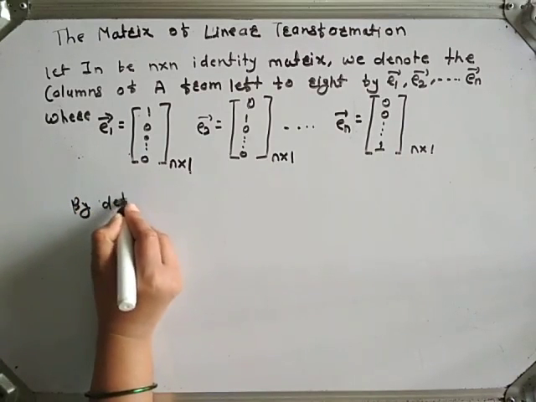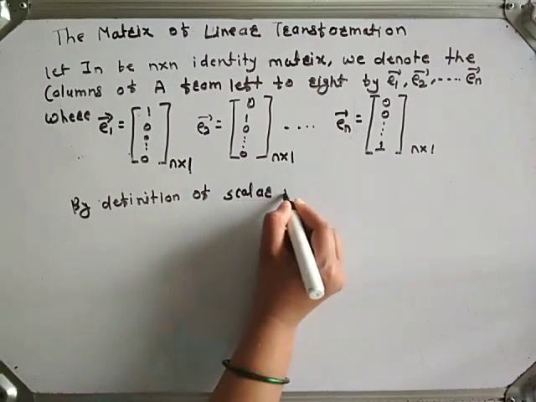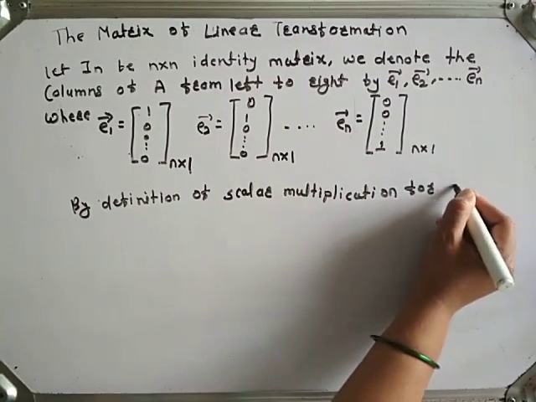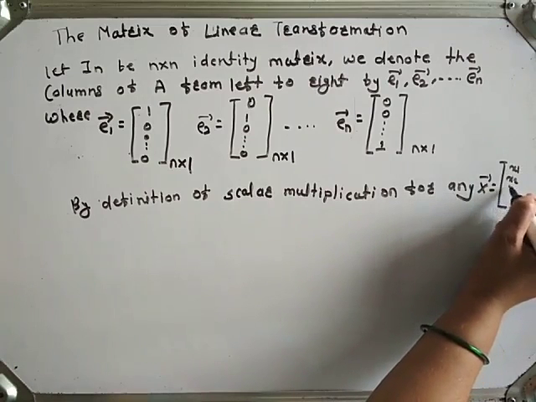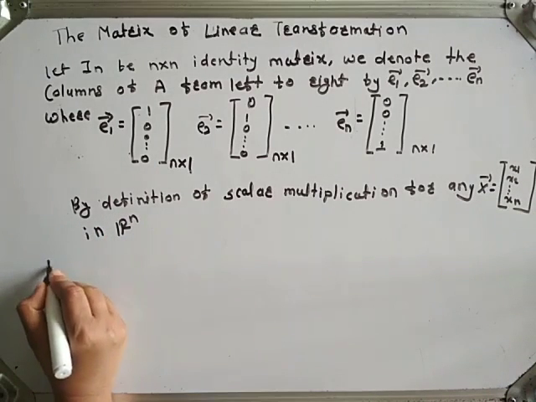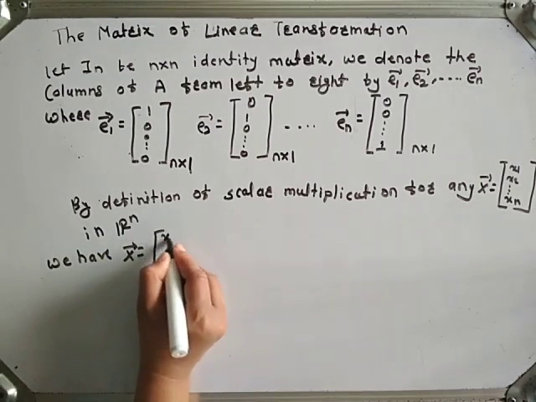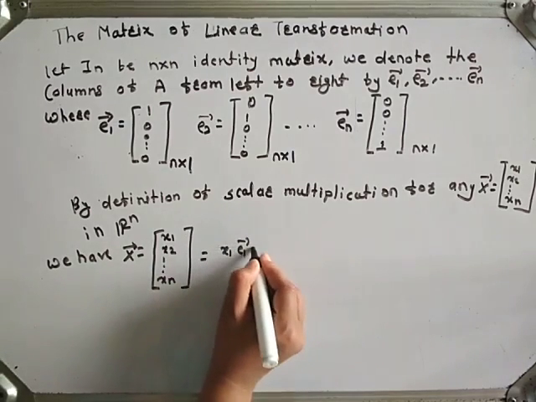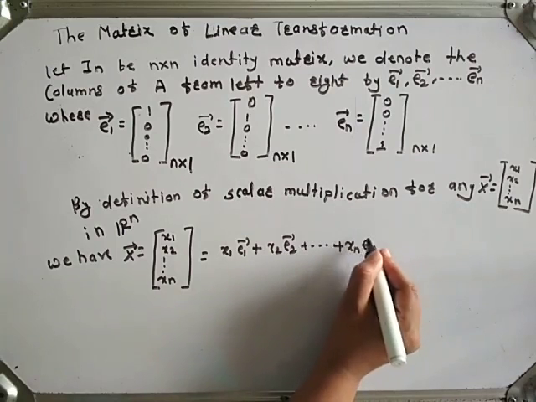By definition of scalar multiplication, for any x bar equal to x1, x2 and so on up to xn in Rn, we have x bar equal to matrix x1, x2 and so on up to xn, equal to x1 into E1 bar plus x2 into E2 bar plus and so on up to xn into En bar.